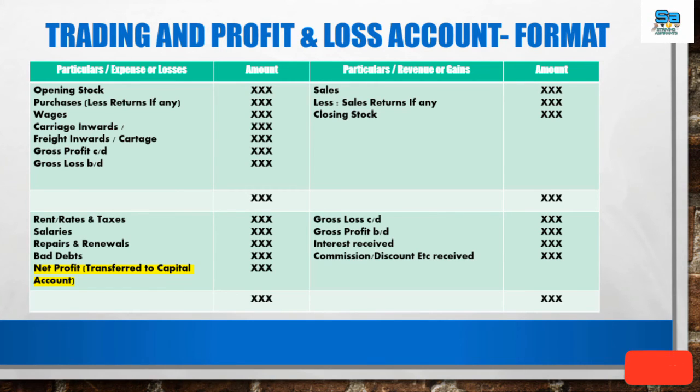Otherwise, the gross loss will be carried down. Similarly, whatever indirect income like interest received, commission, discount, etc. and other incomes will be taken into consideration on the credit side or the right side of the profit and loss account as shown in the format.